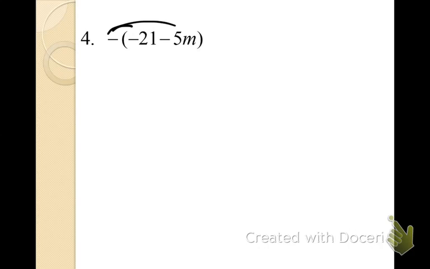If you look back to number 3, all that really happened was you just changed the signs, right? Negative 1 times negative 21 is positive 21. Negative 1 times negative 5m is just positive 5m because 2 negatives make a positive. So you're just changing the sign. Okay?